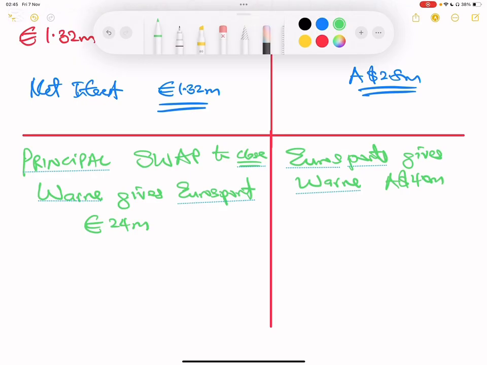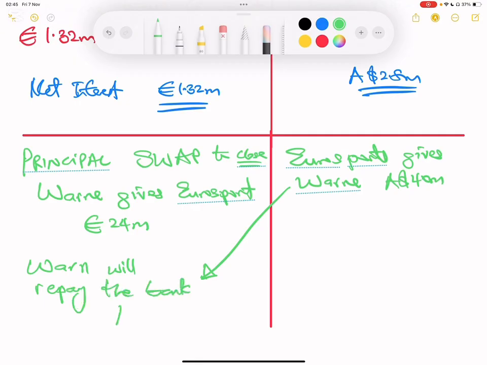And once that is done, because this money is coming to one, one will repay the bank. And likewise, Eurosport can repay the bank.